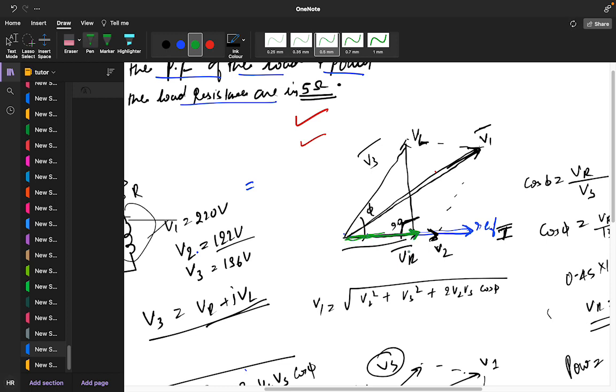This we consider as a VR part, and this particular we had extended and considered as a V2 part. And from VR we are taking this particular VL, by joining the head and tail, from tail to head we will get the V3 part.